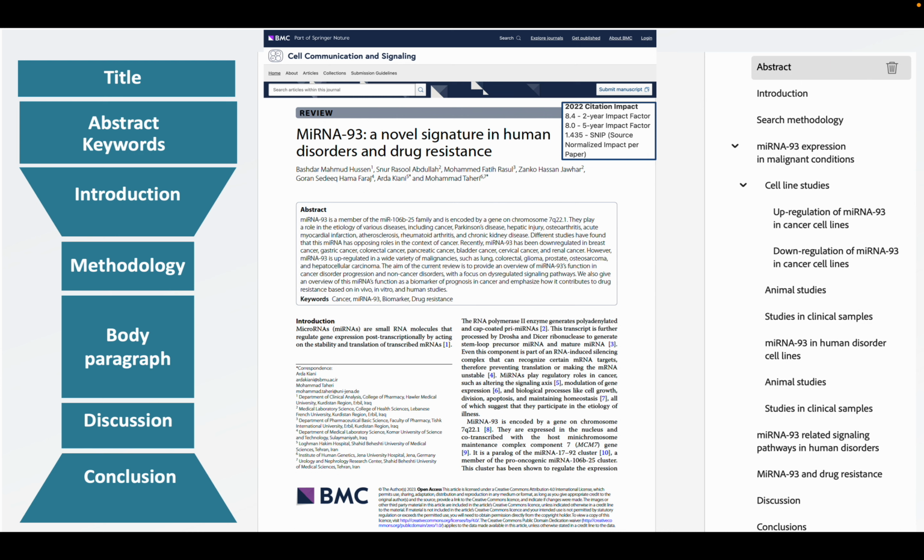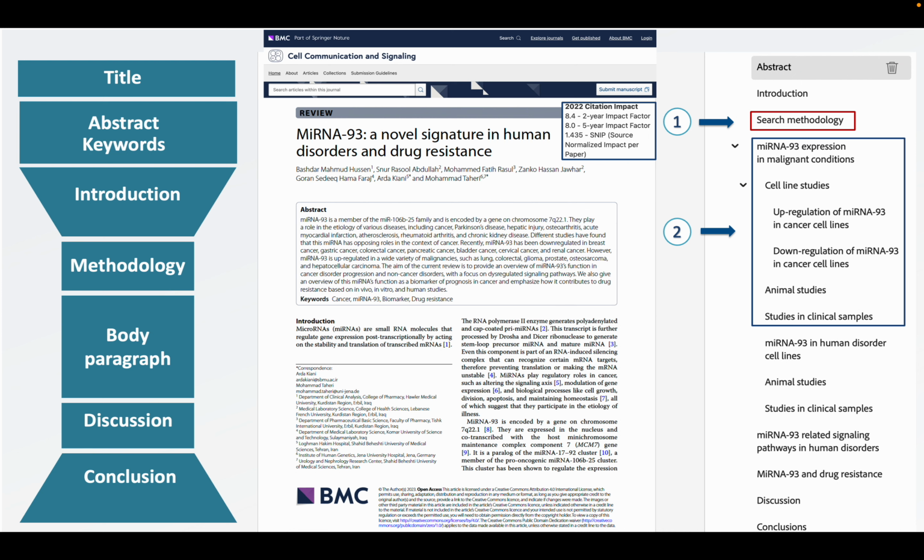Now, I want to tell you in detail about this review article, how we reached an impact factor near 9. The first one, search methodology, is simple, but we included it. Then, the second one, we tried to add a novel subtopic.